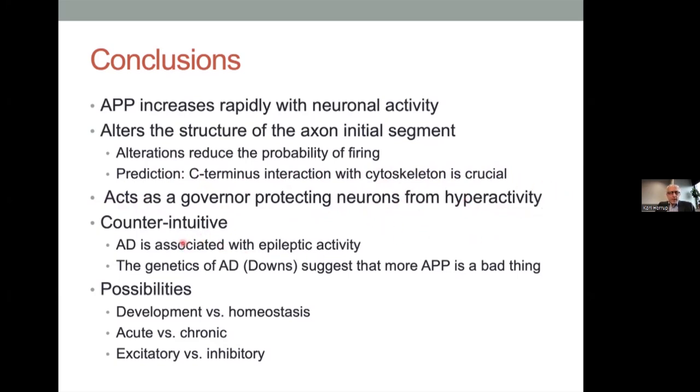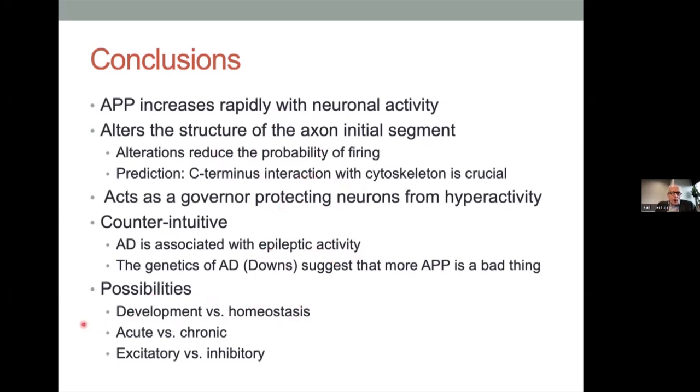And it's a little bit counterintuitive because for those of you who know the Alzheimer field, there's increasing evidence that Alzheimer's is associated with increased epileptic activity. And that doesn't fit directly with this idea that APP quiets the neuron.